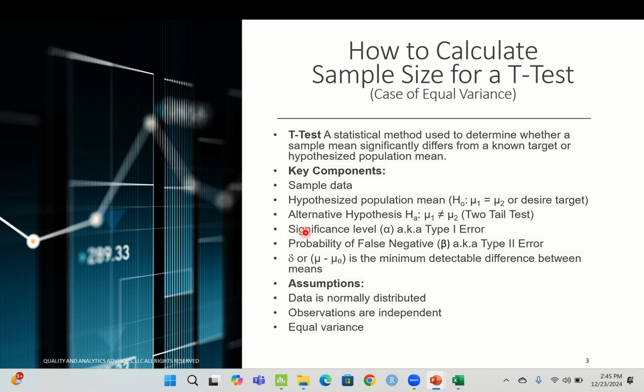In addition, we need to set up what our type 1 error is. That is also known as alpha, and it represents the probability of rejecting the null when in fact it is true.